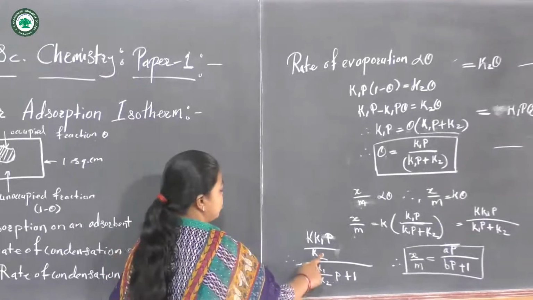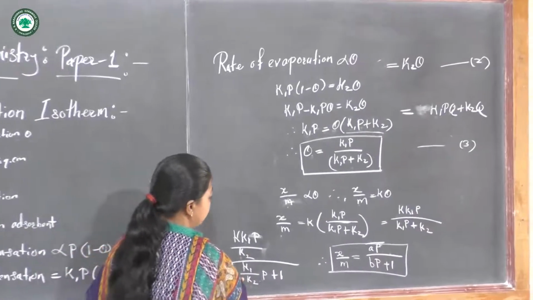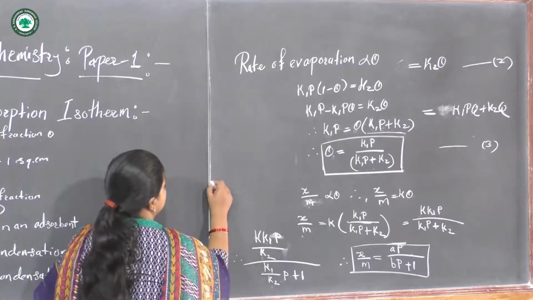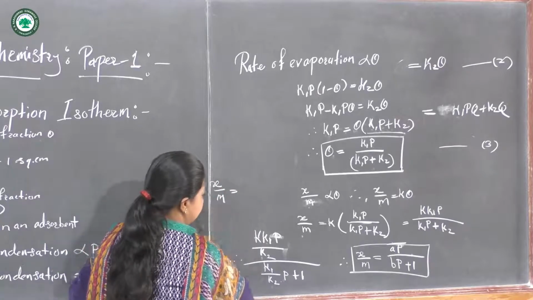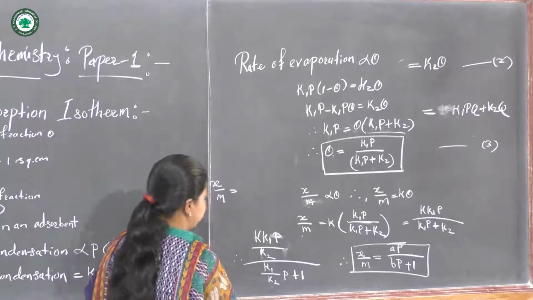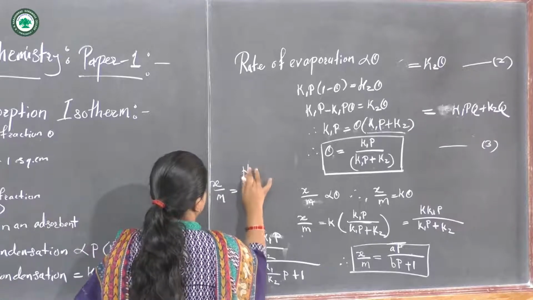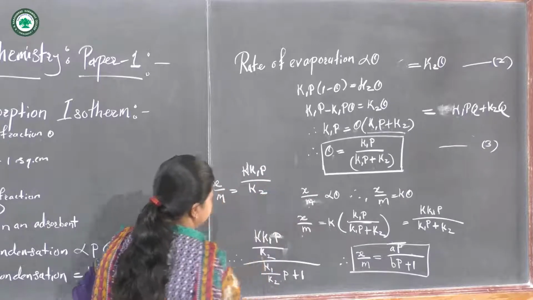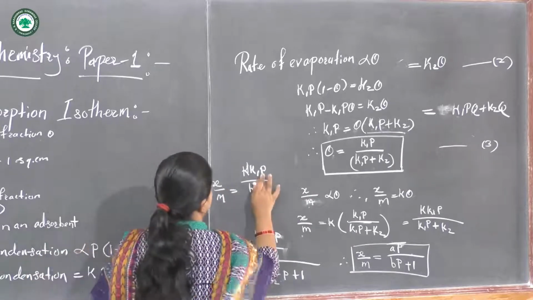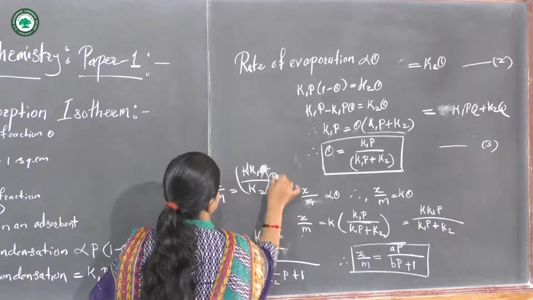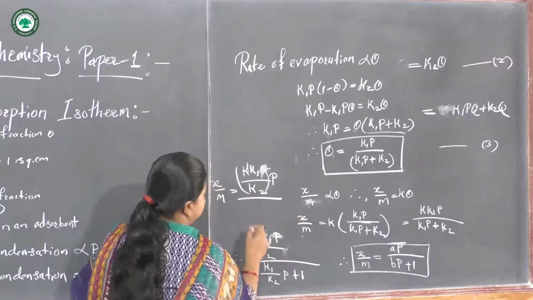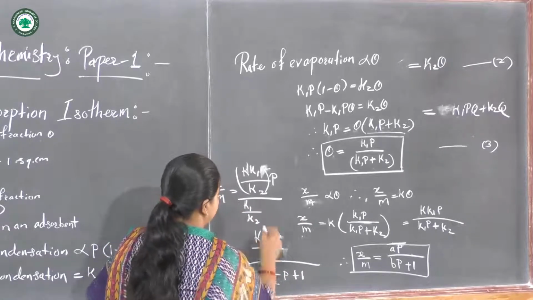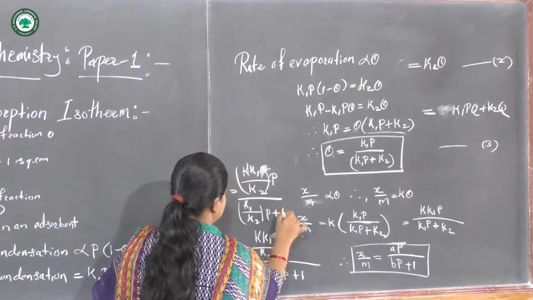Further, we can rearrange this equation and we get x/m = K (K1/K2) P divided by (K1/K2) P plus 1.